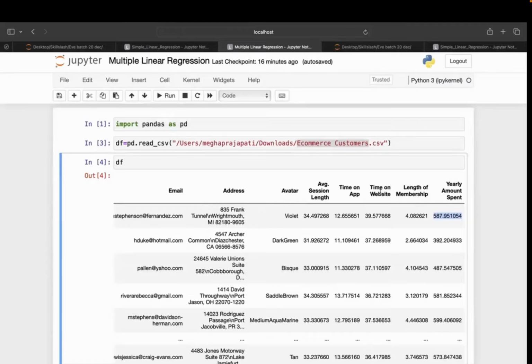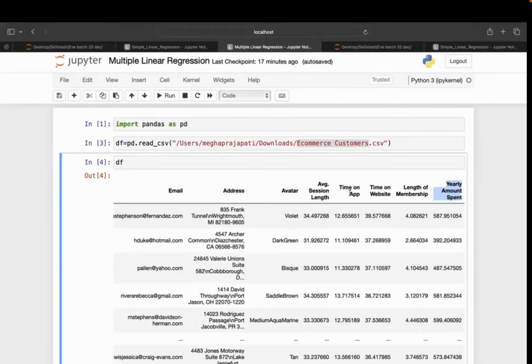Okay. Understand one thing: whether the customer is spending time on the application or on the website, what is the ultimate goal? They are giving us some profit on a yearly basis. So yes, of course, these are my two major features, but my target column is going to be the yearly amount they spend while using these two features, right?